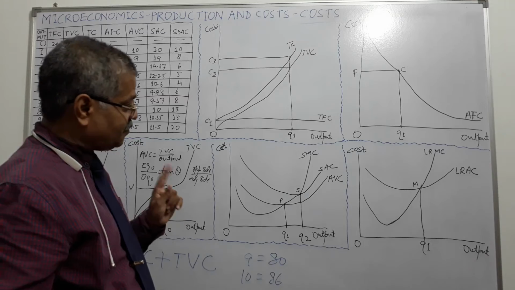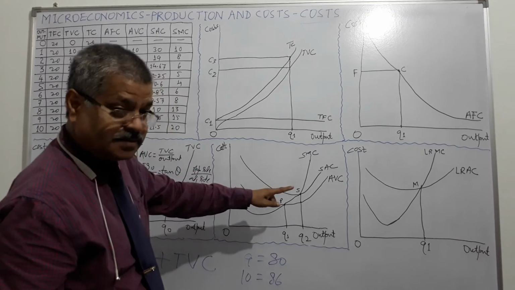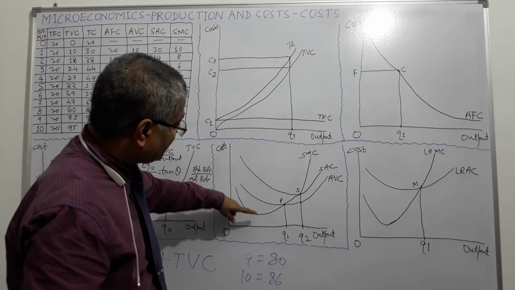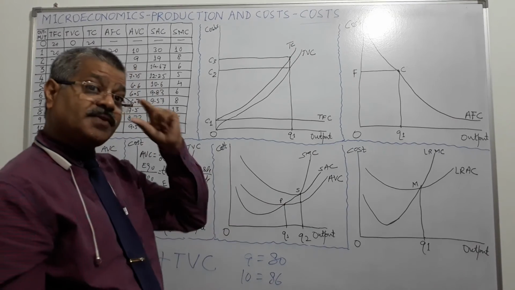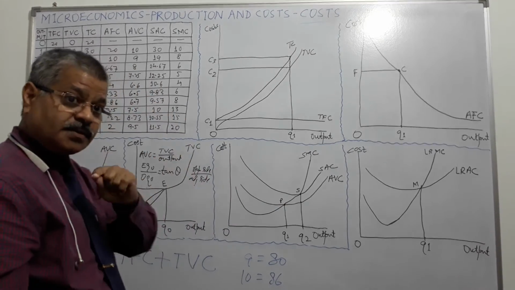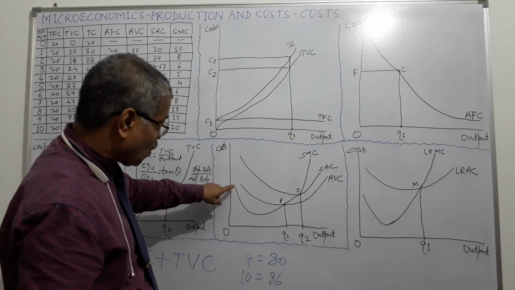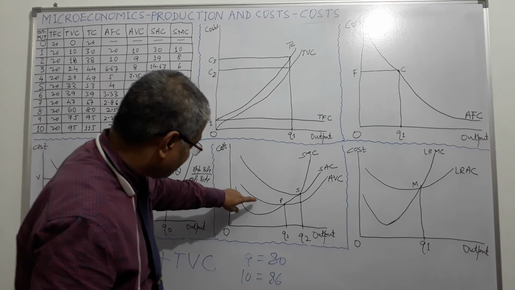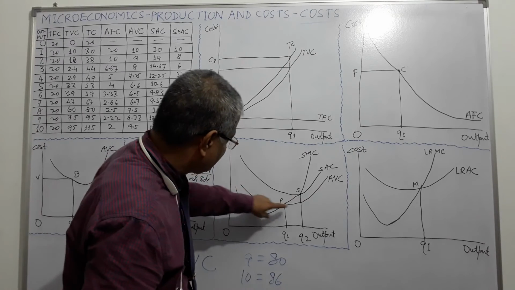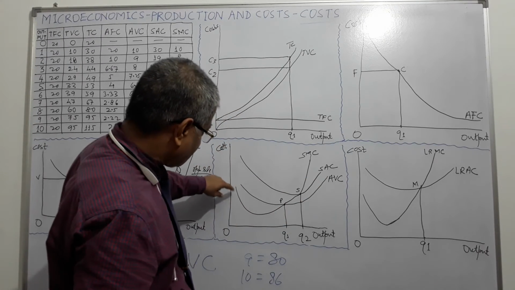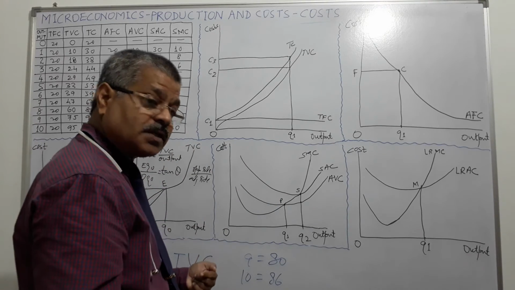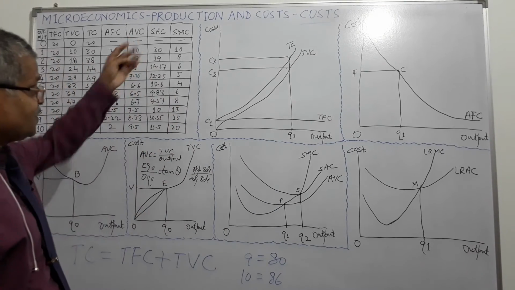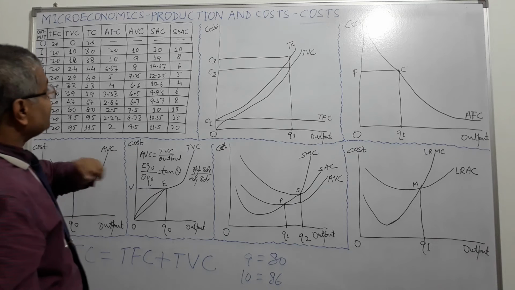So long as average variable cost declines, short run marginal cost also declines and remains below average variable cost, right? You can see it here, right?